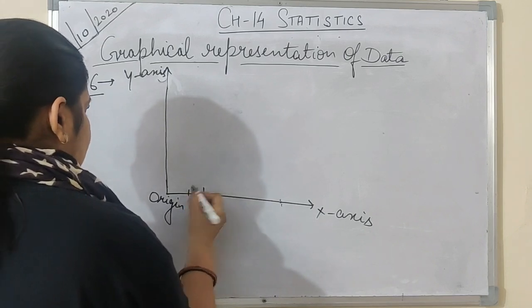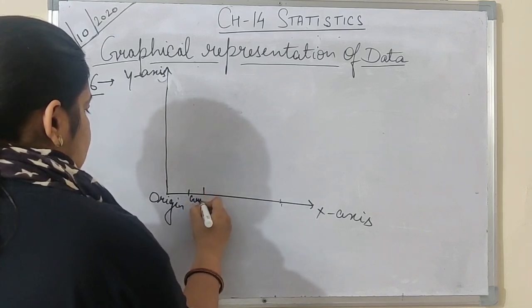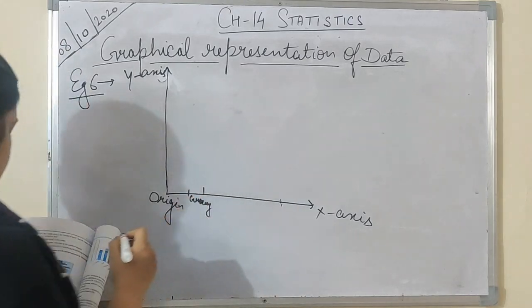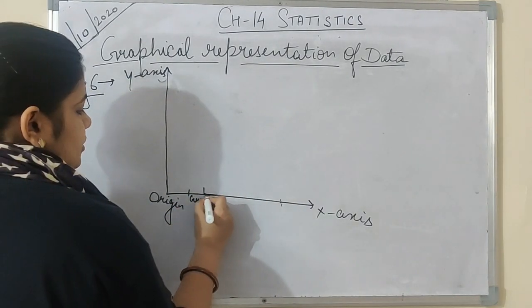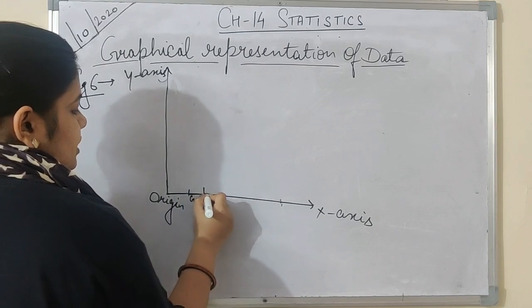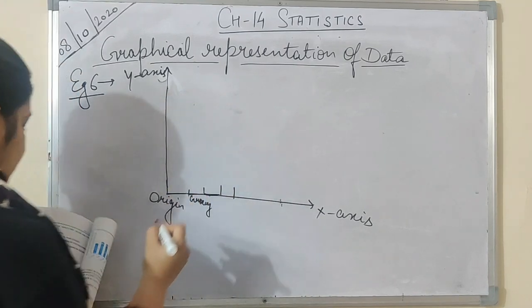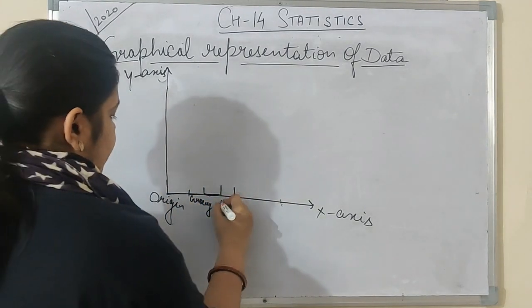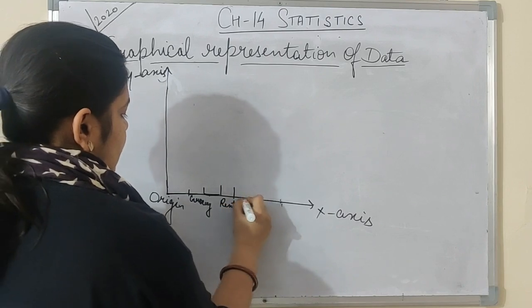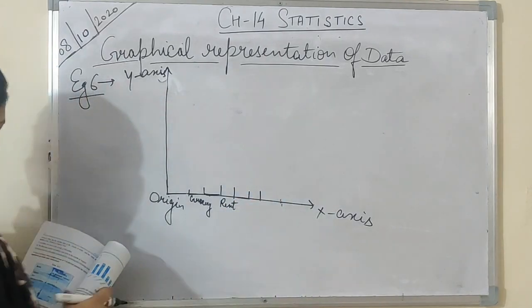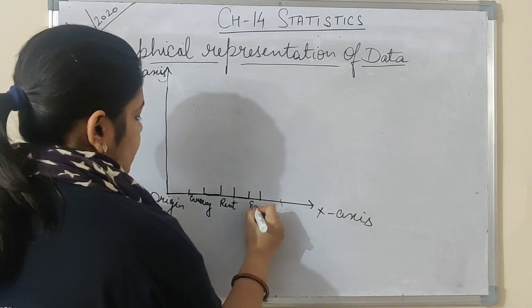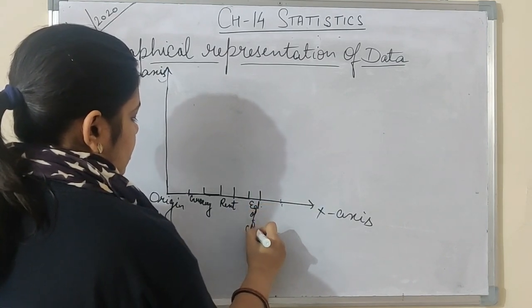I am writing here that this is the information regarding grocery. Then next I will make equal spacing between each and every bar, and then next is for rent. Then again, after equal spacing, next is for education of children.